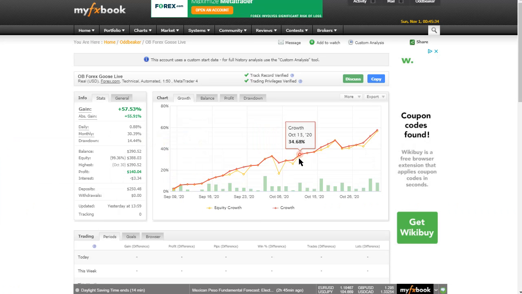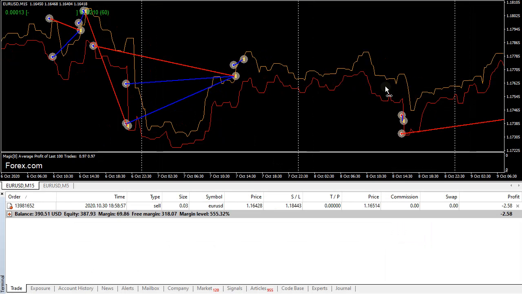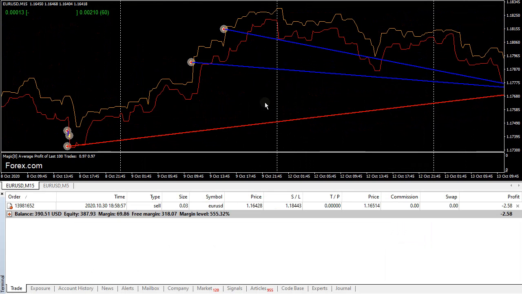Does that make sense? And I took another hit over here, same thing. And a few days later, I'm back above the high water mark. So the hits, even though they might seem pretty gnarly, right? I mean, that's a pretty gnarly drop. The recovery is quick. And that's the beautiful thing about this algo.